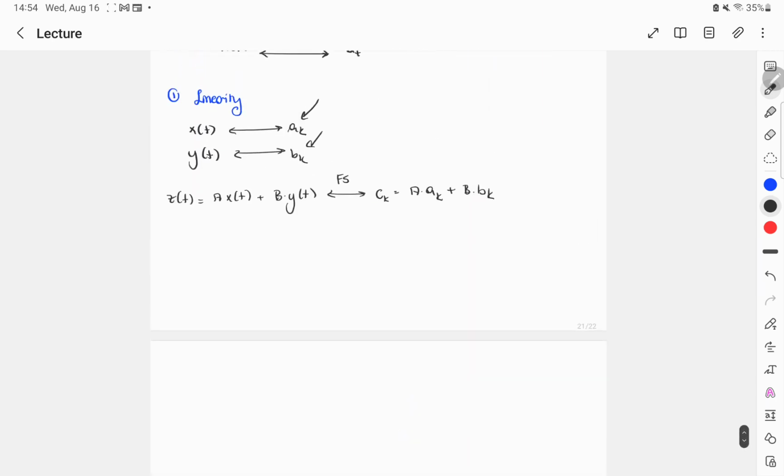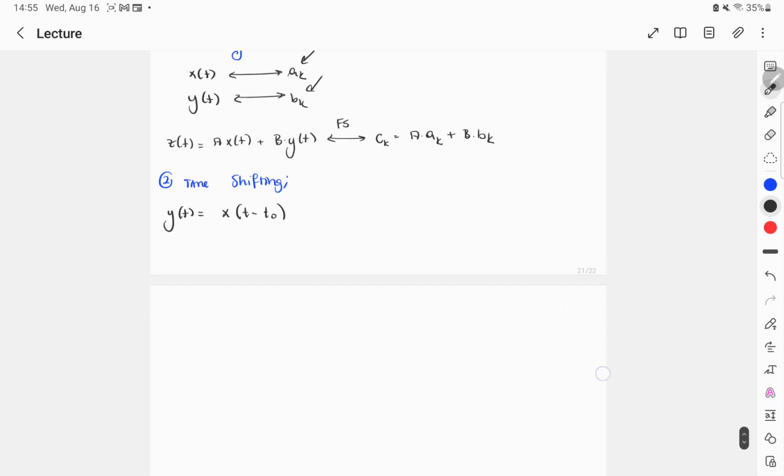Let's move on to the second property, which is time shifting. So if we have a y signal and it is the t0 time shifted version of the x(t) signal, what do we do?